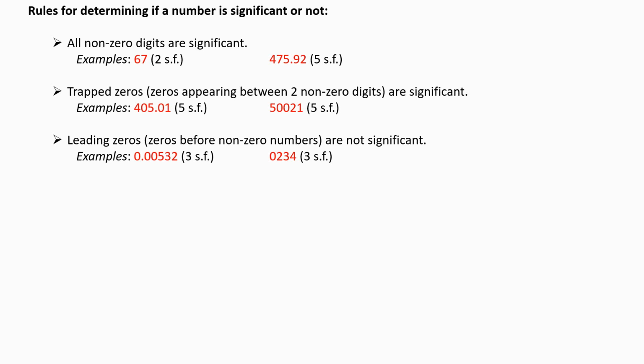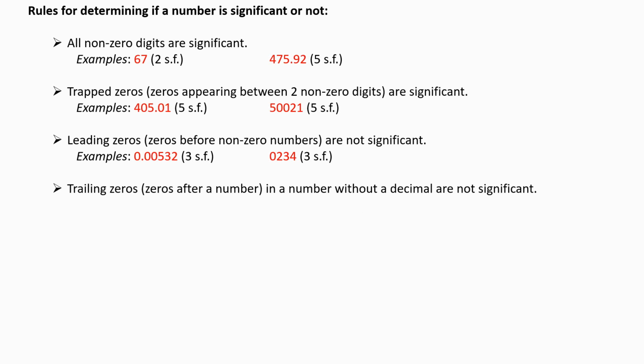Then we have 0.234 is a number to three significant figures, so the zero before 2 is not significant. We have trailing zeros, that is zeros after a number in a number without a decimal place, are not significant. So for example, 100 is a number to one significant figure. The zeros after the 1 are not significant.